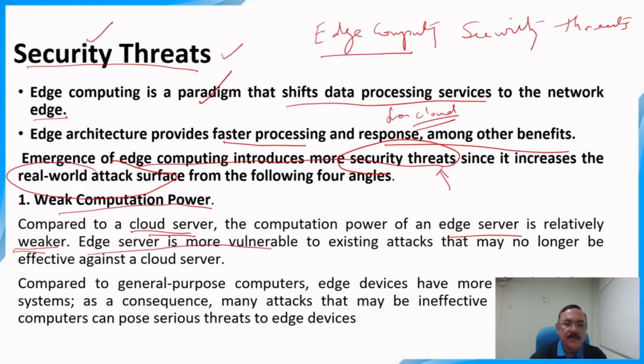So, the edge server is more vulnerable to the existing attacks and may no longer be effective against them. So, cloud servers are more secure compared to the edge servers. Now, compared to the general purpose computer, edge devices have a more fragile defense system, and as a consequence many attacks that may have been ineffective against the desktop can impose serious threats to the edge devices.